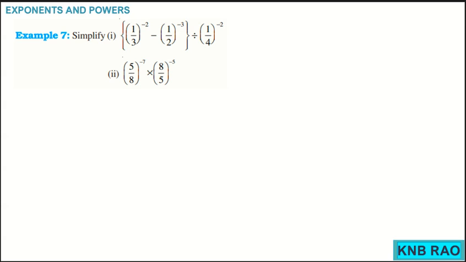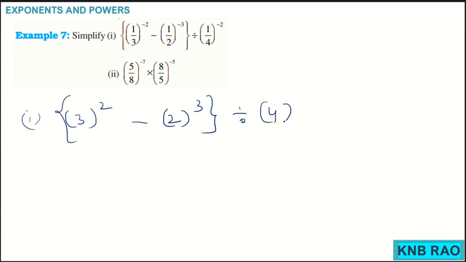Further, coming to question number 7, there are two sub questions where you are asked to simplify. You find the value by seeing the negative power. I can write by reciprocating the base: 3 square, minus 2 cube, divided by 4 power 2.